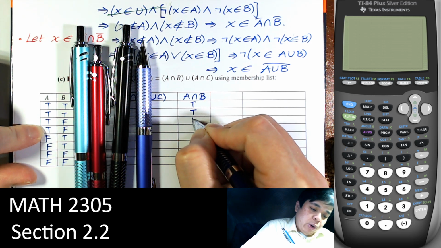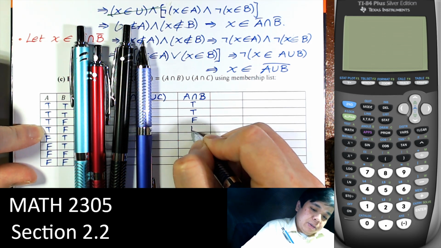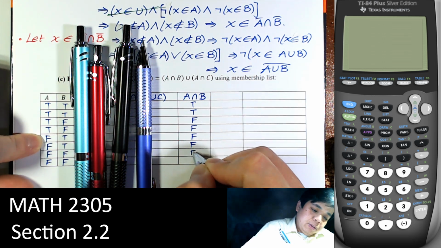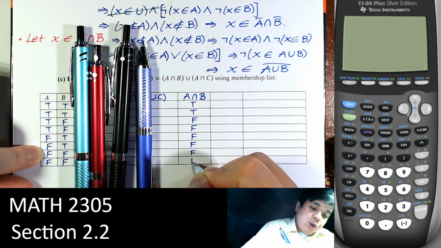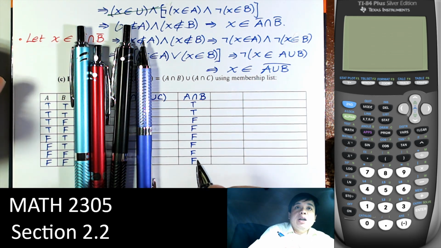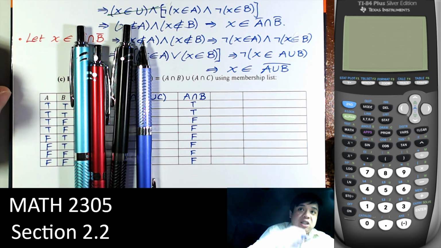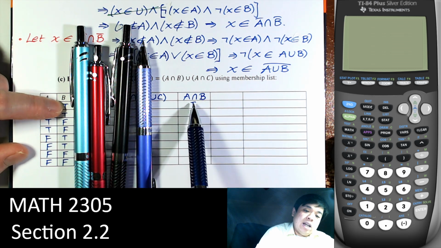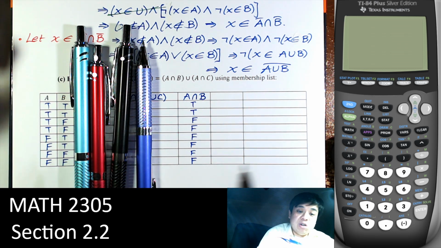It's false everywhere else. I said we can use 1 or 0. 1 is true, 0 is false, or yes or no. So if X is in the set or if it's not in the set. So if it is in A and in B, then of course it is in the intersection. So that's what I mean.